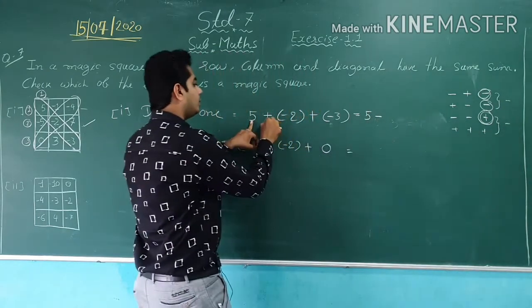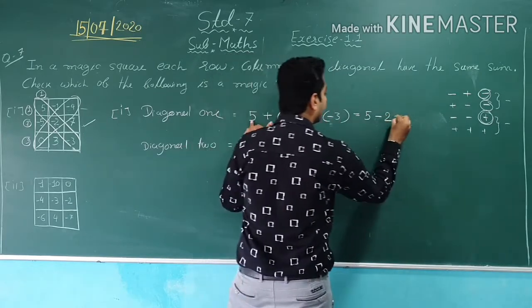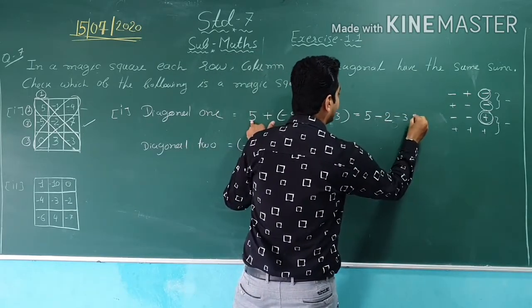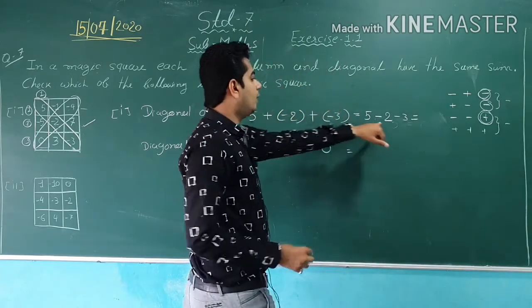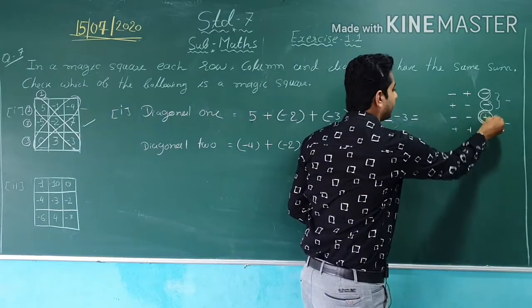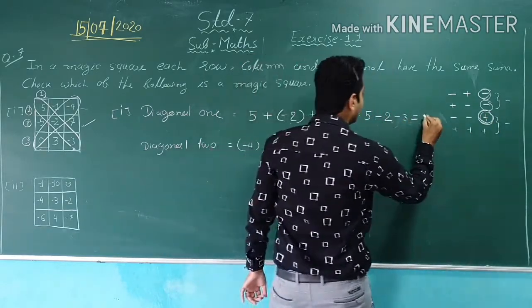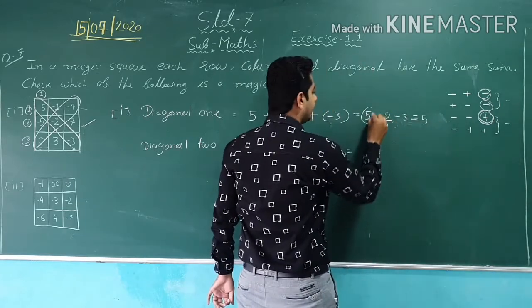5 minus, why minus? Because minus plus is minus 2 and the minus plus minus is 3. So is equal to, now again minus minus is what? Minus minus plus here. So we will perform addition. So 3 plus 2 is what? 5. पहले मैं इसको as it is लिख दूंगा.